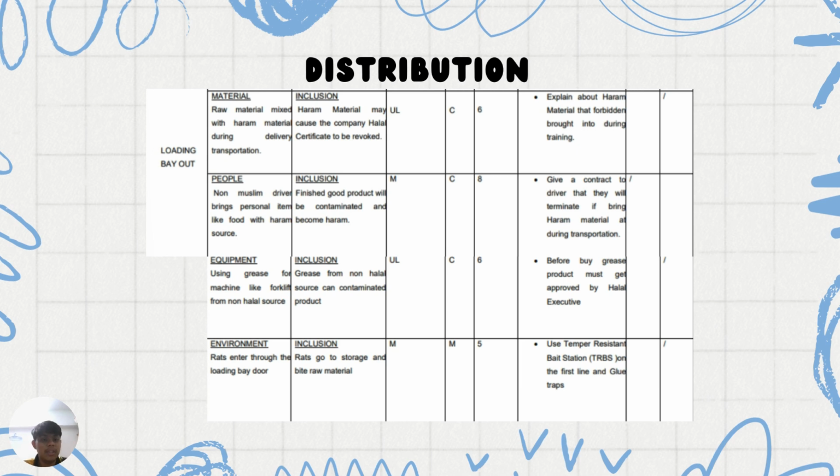The inclusion: the finished good product will be contaminated and become haram. The likelihood is moderate. Sorry, the severity is critical, and the risk ranking is 8.